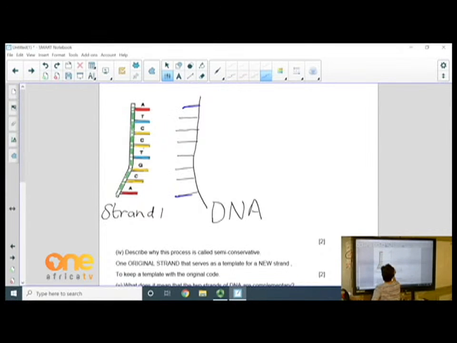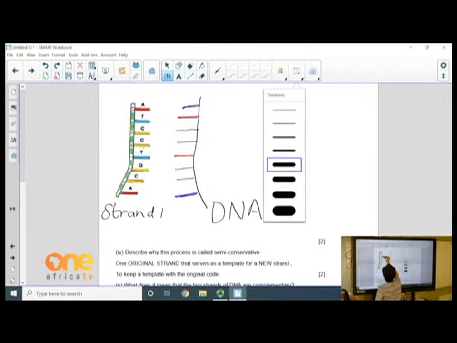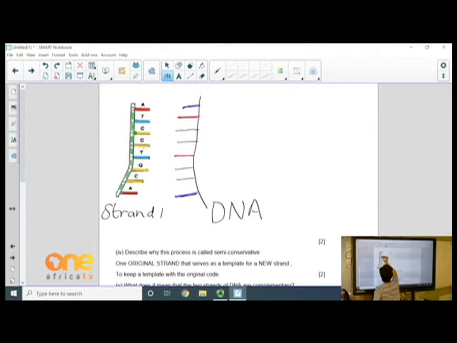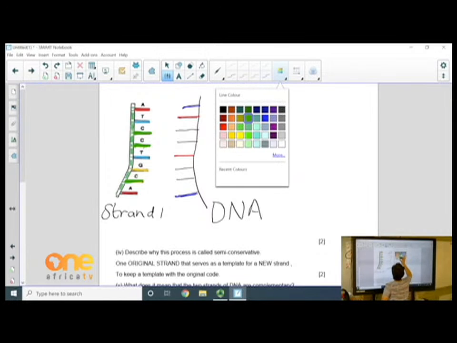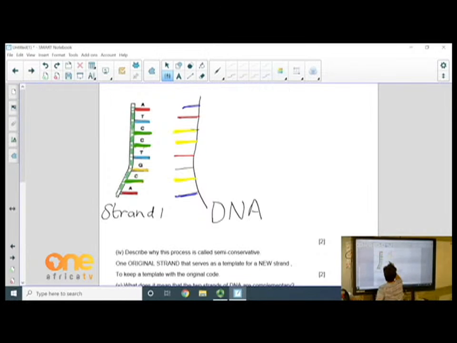There is another A, T. And T will link to A. That one will be a red one. And then G and C. Let's make C green, and it will link to a yellow, and G will be green.